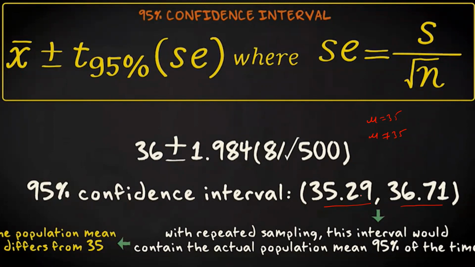Here we can clearly see that it is not equal to 35, so we are in favor of the alternative hypothesis. So the confidence interval also gives us an indication of whether we should be in favor of the null or the alternative hypothesis. So through the confidence interval we can also do our hypothesis testing.